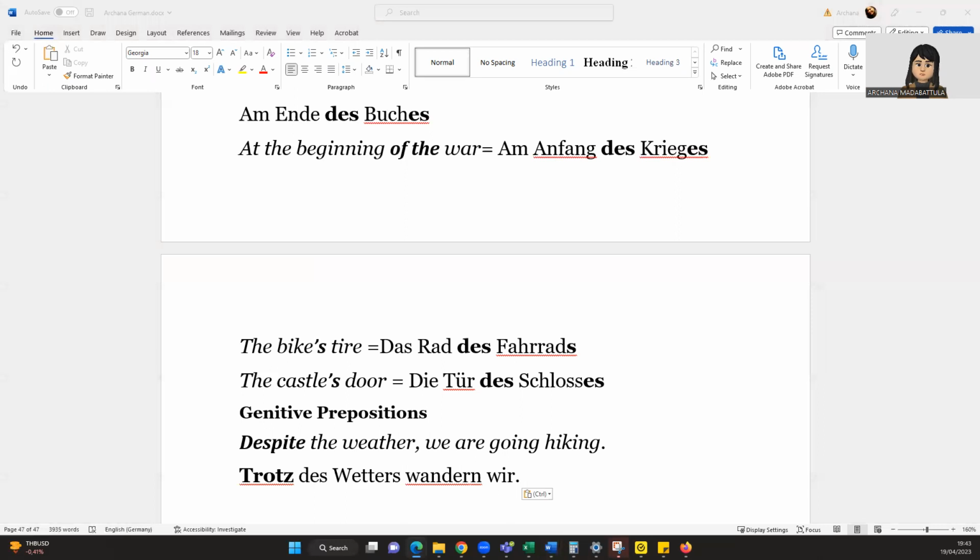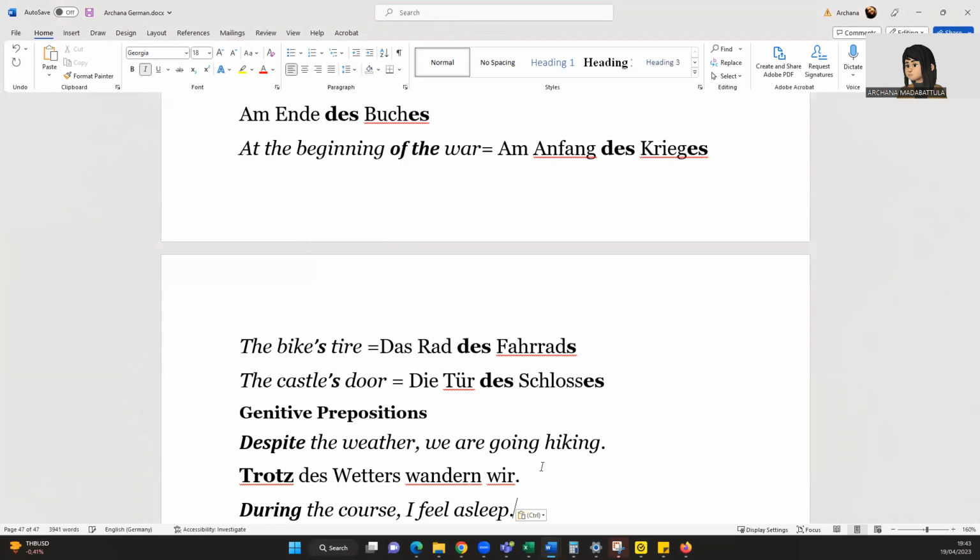The next statement is: during the course, I fell asleep. Okay, first of all, when you have a sentence, first understand whether it is in a genitive case or not. We always have to understand what statement it is. Despite the weather we are going hiking, that is a genitive.